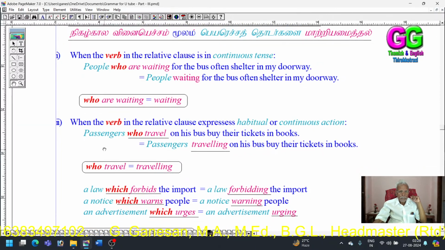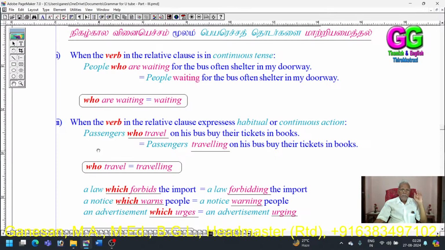You see, passengers who travel on this bus buy their tickets in books: passengers traveling. Here, who travel is the relative clause. Who travel is reduced to traveling. That is a present participle.